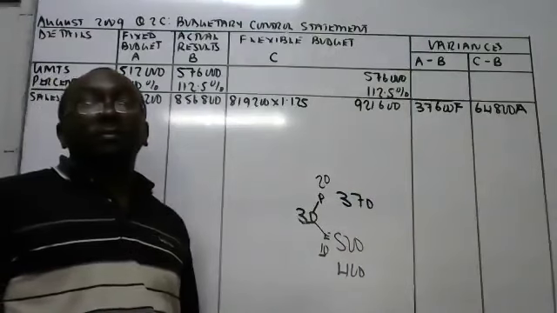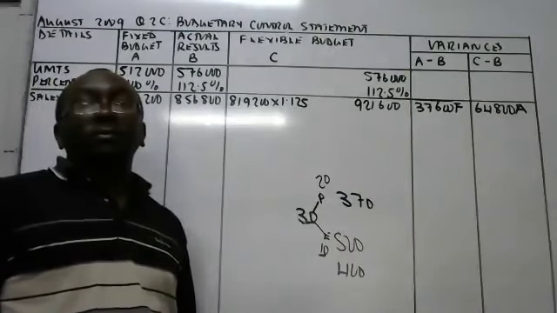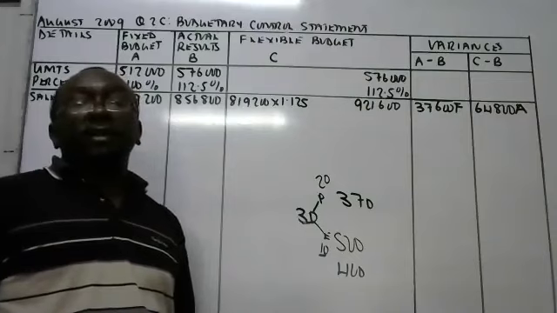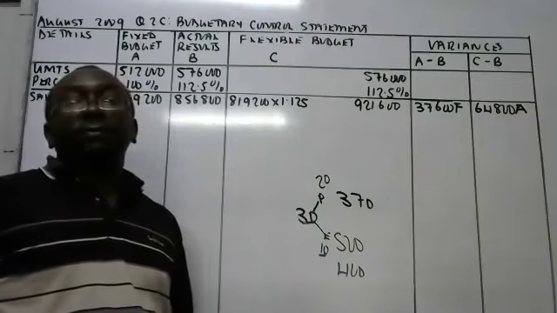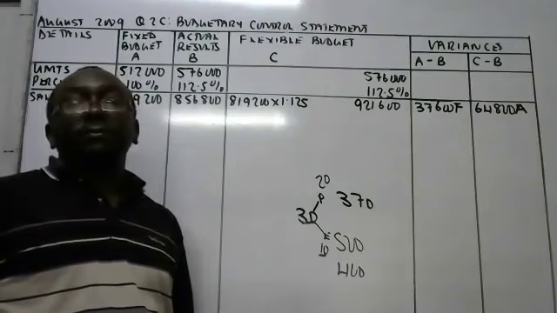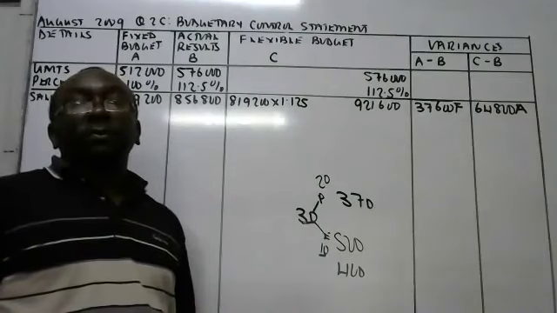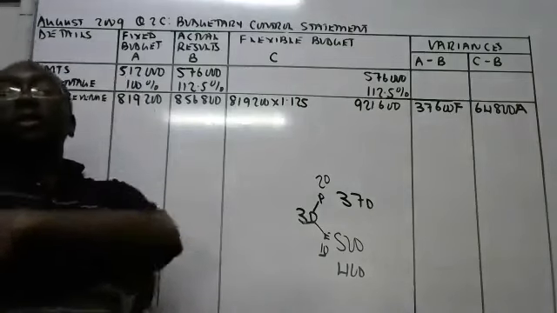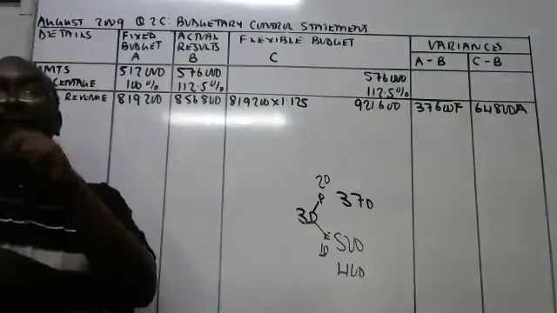That's the revenue. So revenue will be advanced. Why is it advanced? I thought that they sold more than they expected. Which figure represents what they sold?